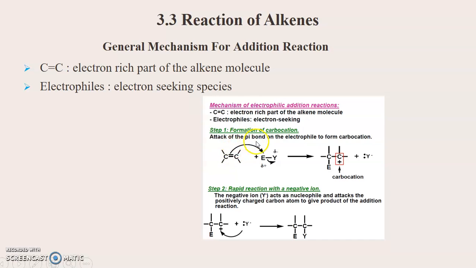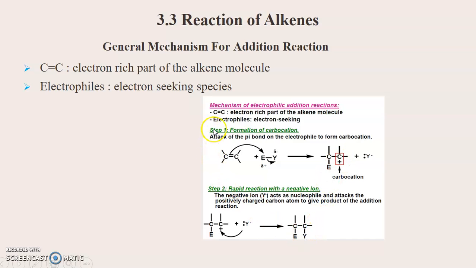So electron will attack the positive center of this species. So it will form a bond. So this will become positively charged. And when this becomes positively charged, this negative species will attack this center and form another bond.